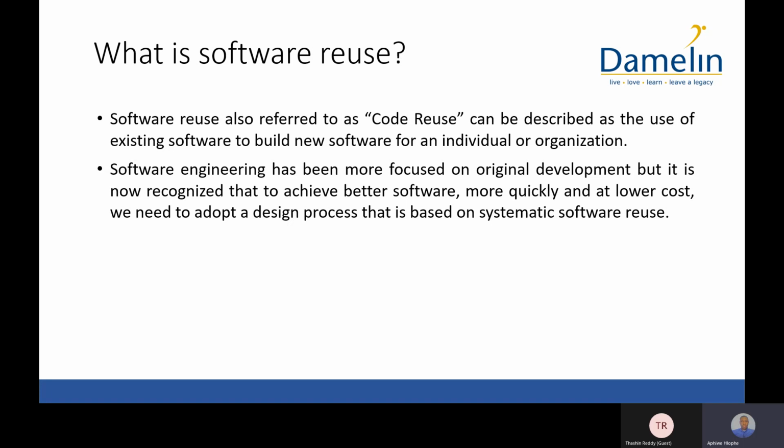We are faced with trade-offs: time, cost, quality. All of those become trade-offs when you're building modern software. So by adopting software reuse principles, you are able to strike a balance between those. With original development, you're just killing yourself because you want to do everything from scratch. And why do that when you can cut corners?